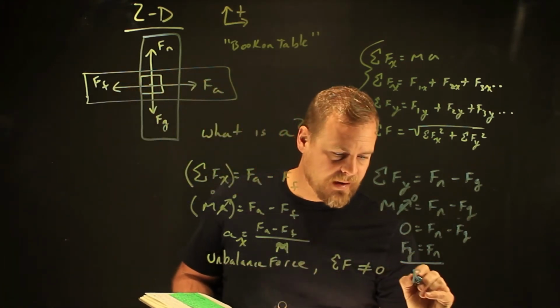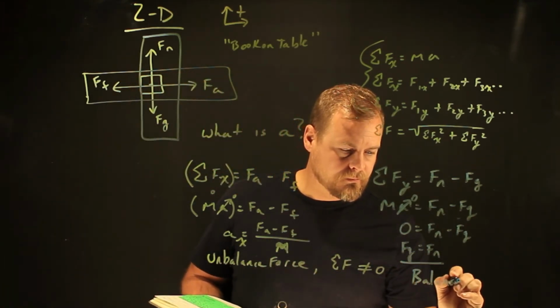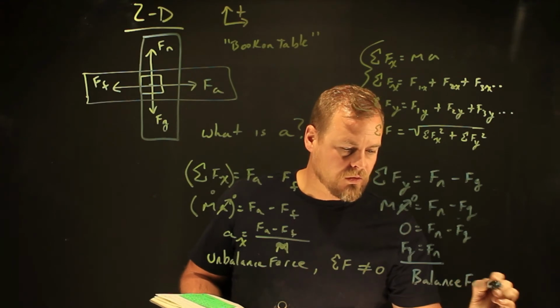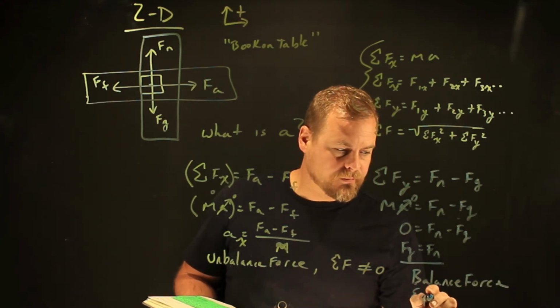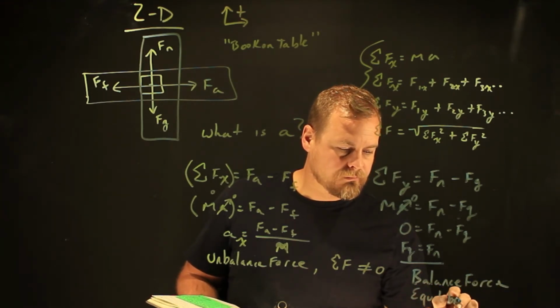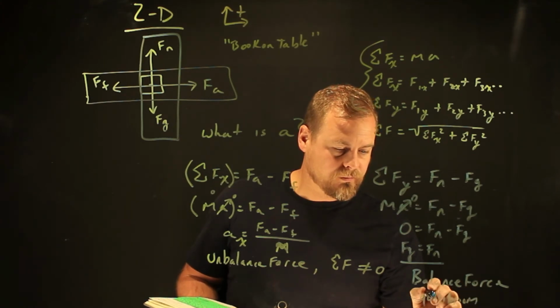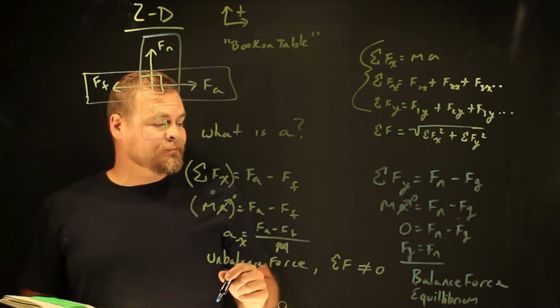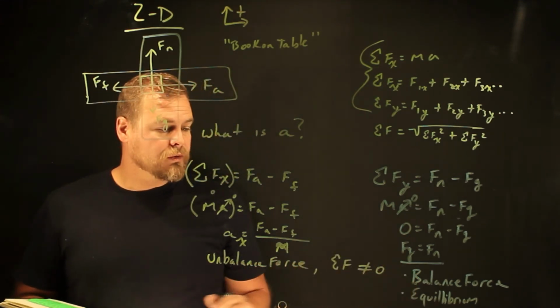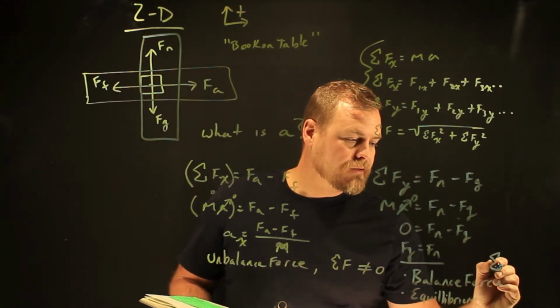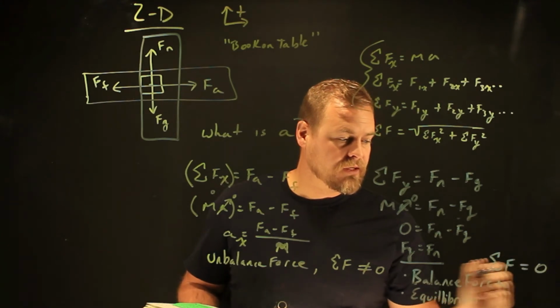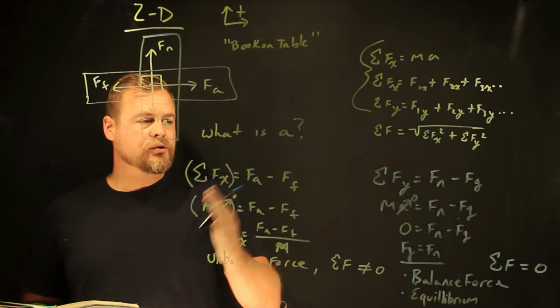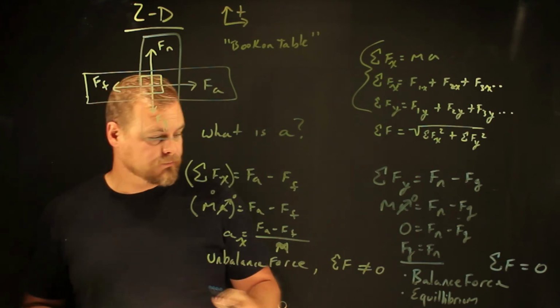This is a balanced force, or we'll say it's at equilibrium. I think there's 2 L's. Okay, so balanced force, equilibrium, where the net force is equal to 0. Okay, so you've got 2 kind of sides here.